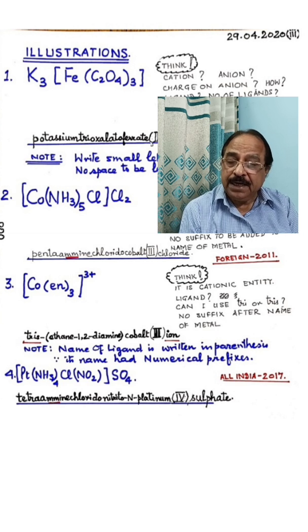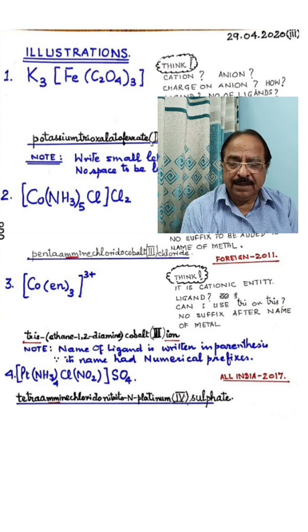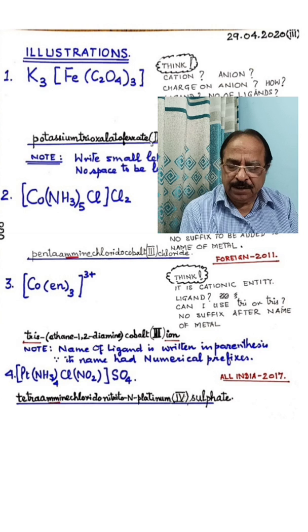When we have to indicate its number, we cannot use the word tri. Instead, we will use the word tris. So let us name the ligands. Tris in bracket, ethane-1,2-diamine, then cobalt. I will not change the name of the metal because it's a positively charged cationic entity, so the name of the metal will be used as such.